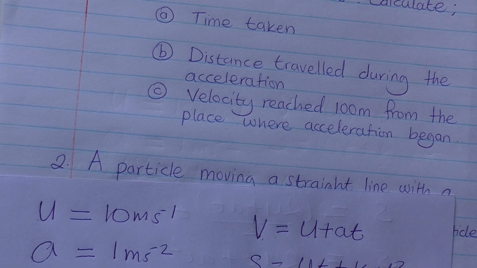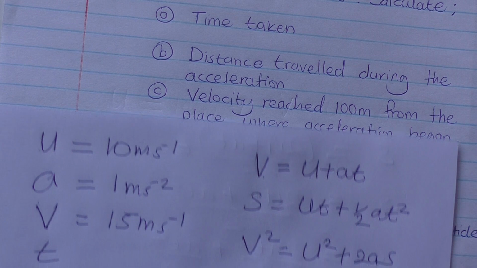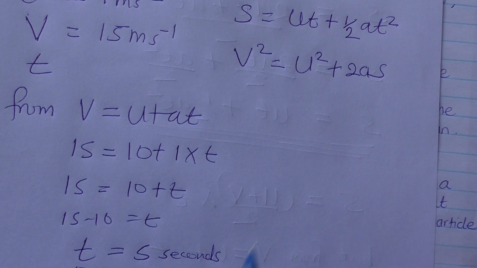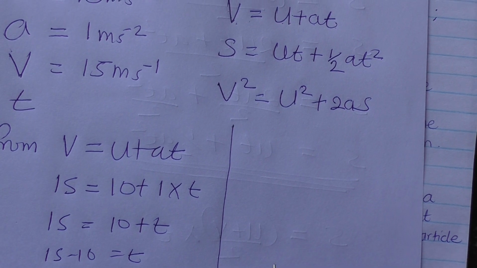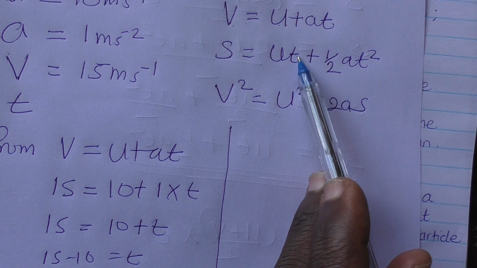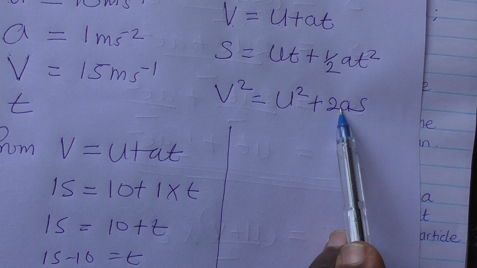Part B was asking for the distance traveled during this acceleration, meaning they want us to get displacement. So we can use either the second or the third. Since we have time, we can use the second, and since we have v, u, and a, we can use the third.